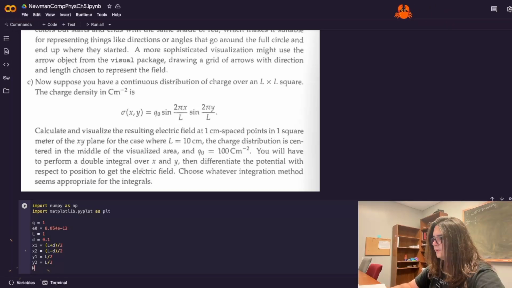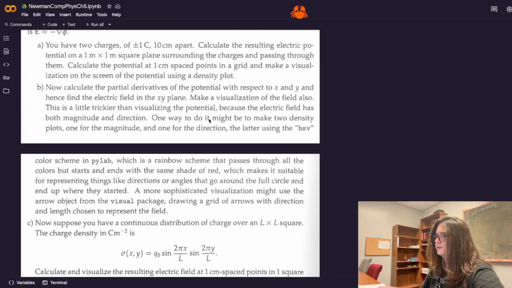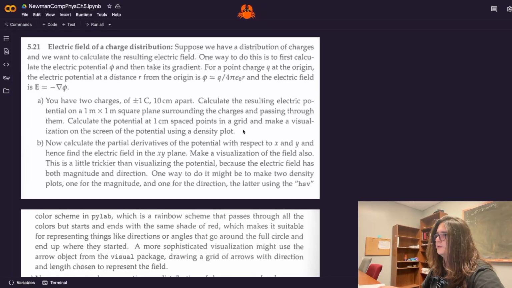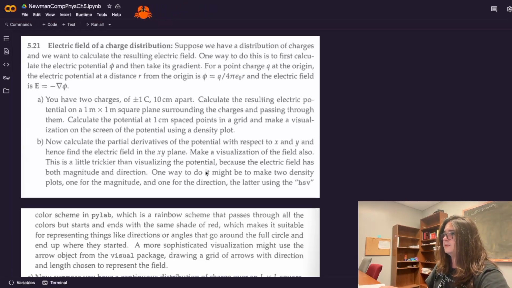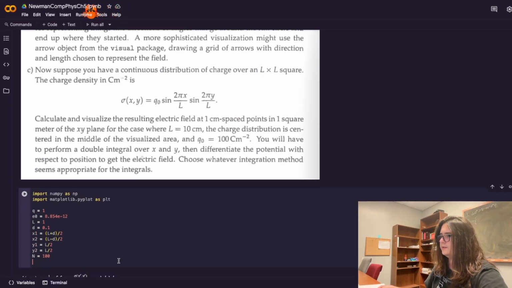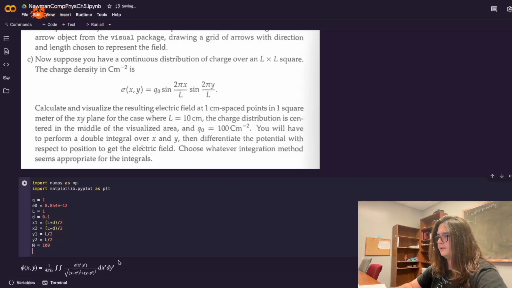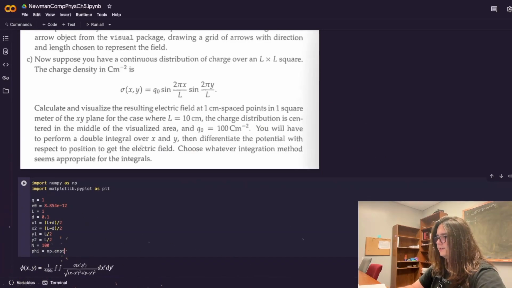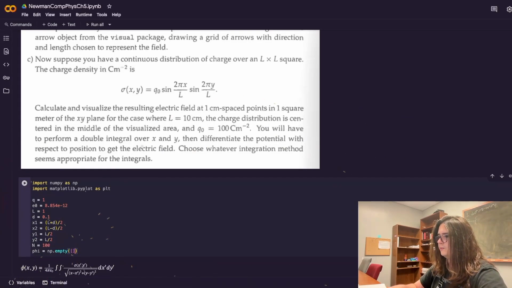We're going to do a grid of 100 points. As per the suggestion here, he does want us to calculate the potential at 1 centimeter spaced points, so 100 is how many we need to do. We can create an output array, which is going to be a numpy.empty with the shape of n plus 1.